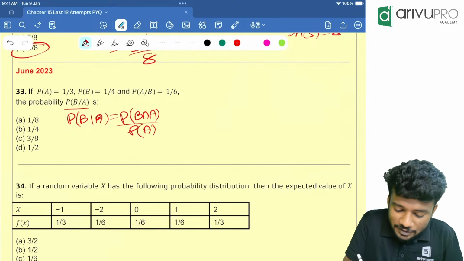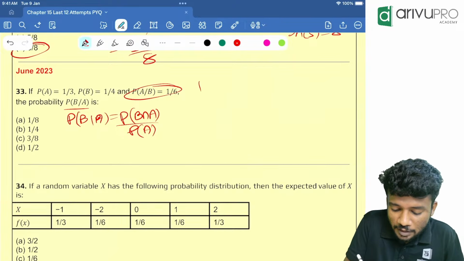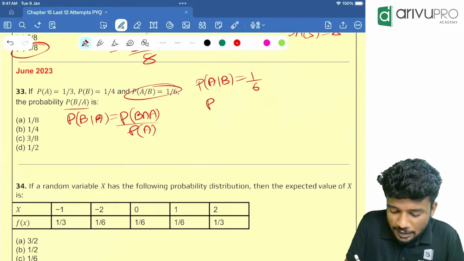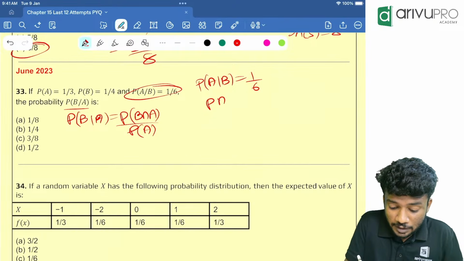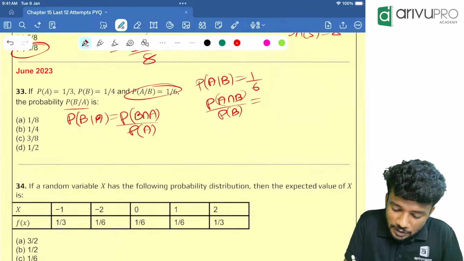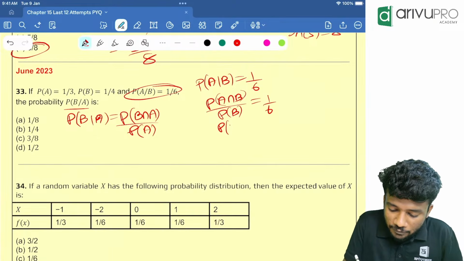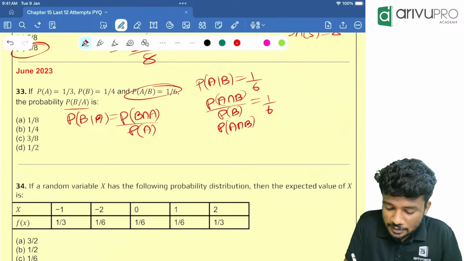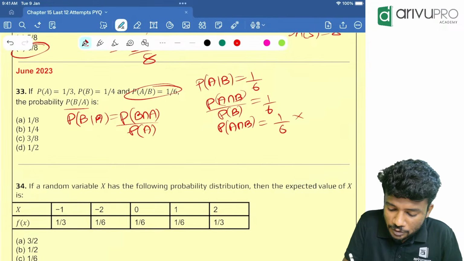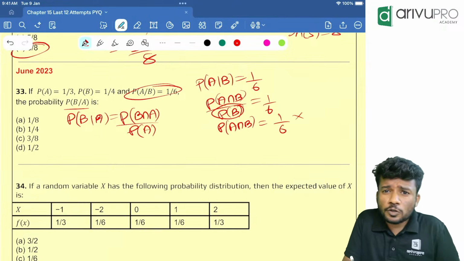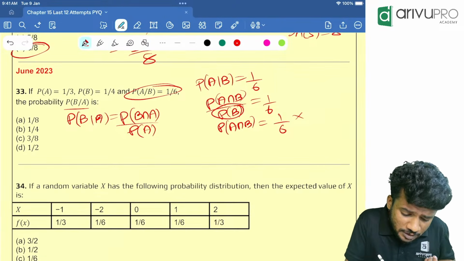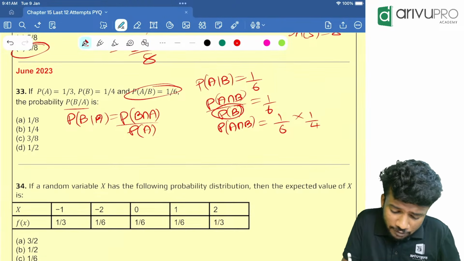For that they have given something else: P of A given B is equal to 1 by 6. I will write P of A given B as A intersection B divided by P of B, which is equal to 1 by 6. Then A intersection B is equal to 1 by 6 into P of B. P of B is given in the question as 1 by 4.